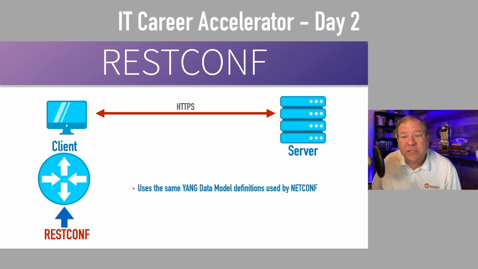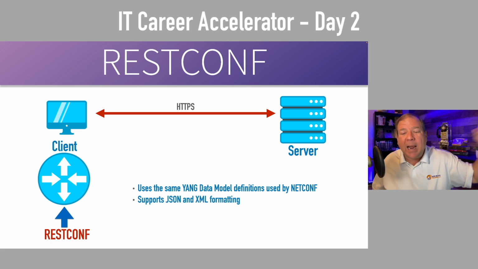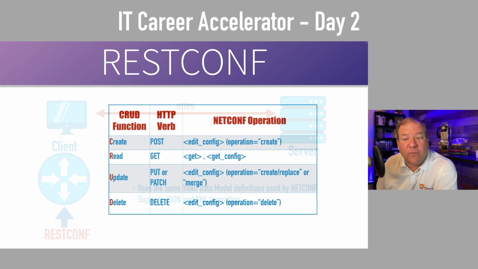It's still going to use that Yang data model, just like netconf did. And if we want to use XML formatting, more power to you. You can do that. But my personal preference is to use JSON formatting. I think it's easier to read. Maybe it's not for everybody. I like it the best. But we can use JSON formatting.